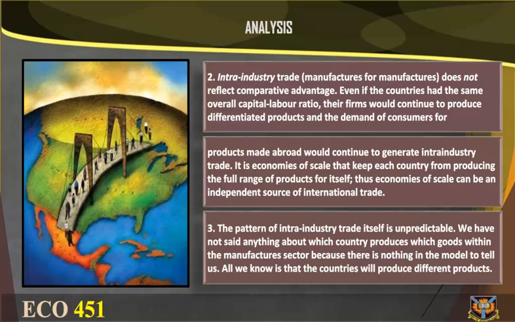3. The pattern of intra-industry trade itself is unpredictable. We have not said anything about which country produces which goods within the manufactures sector because there is nothing in the model to tell us. All we know is that the countries will produce different products.